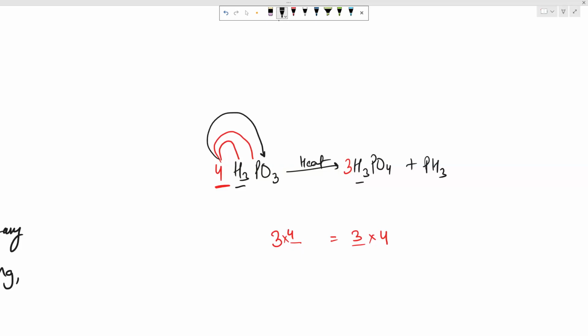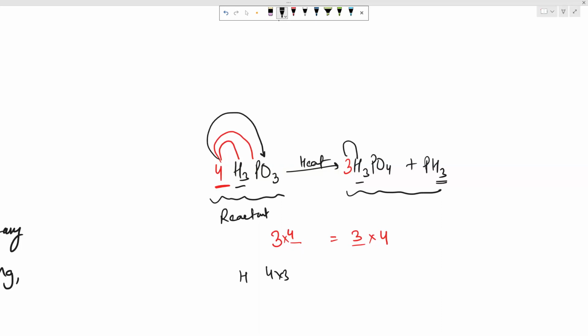Check the number of hydrogens on the left hand side, the reactant side. It is 12, 4 into 3. Hydrogen is 12 here. And here check whether it is balanced. Yes, sir, it is also 12. 3 threes is 9 and 3 is 12.